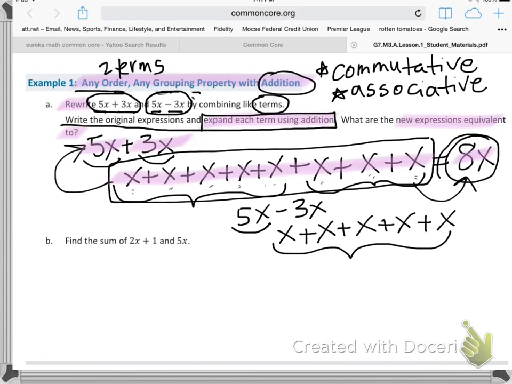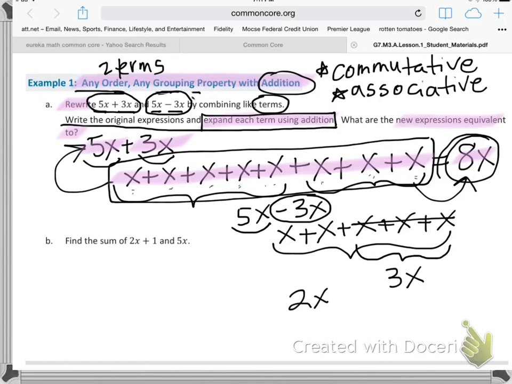And now we're going to remove 3 of those x's, because we are taking them away via subtraction. We are left with 2 x's.